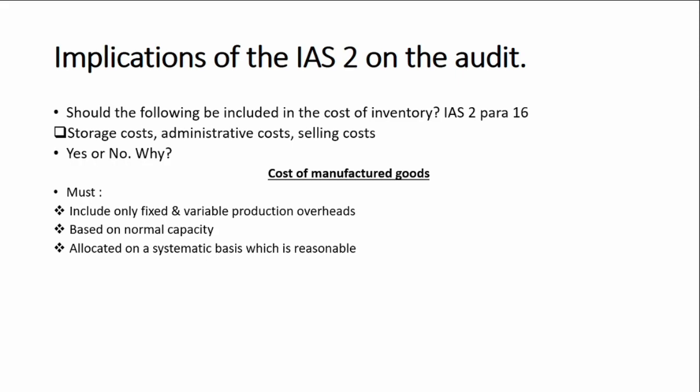You would be very familiar with these types of things because you would have tackled these things in management accounting. And this is a time for you to go back and review those notes that you made on your management accounting dealing with the composition of costs for manufacturing goods.